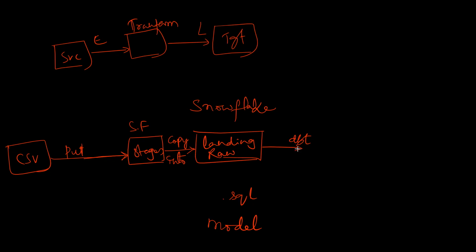In other words, DBT does not handle the extraction part. In our example, we upload the file from the local server into the Snowflake stage, and from the stage we load the data into the landing table in Snowflake using the COPY INTO command.